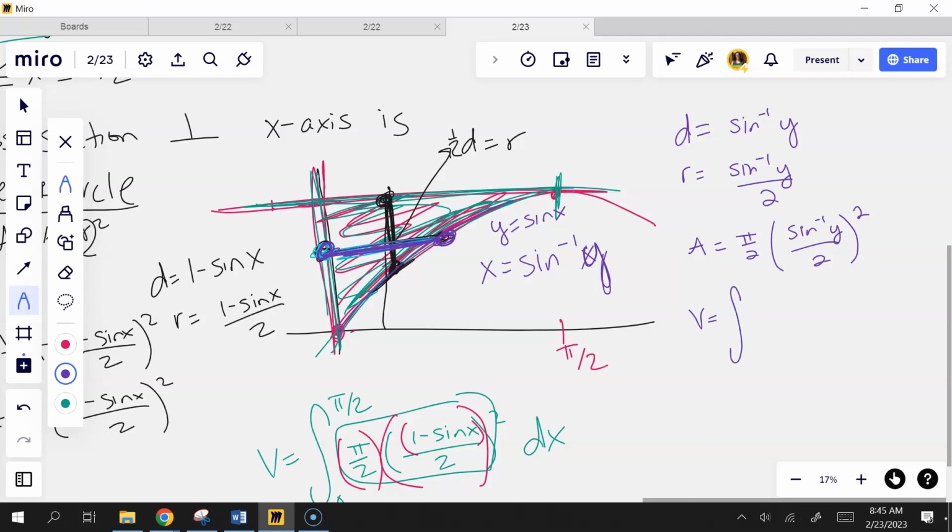Take the integral from what to what? 0 to 1. This time I'm talking all about y's and only y's. That means I'm going to keep taking these diameters until I get up to 1. So I'm going to go from 0 to 1. And again, I'm on my calculator because I do not know the antiderivative of that.